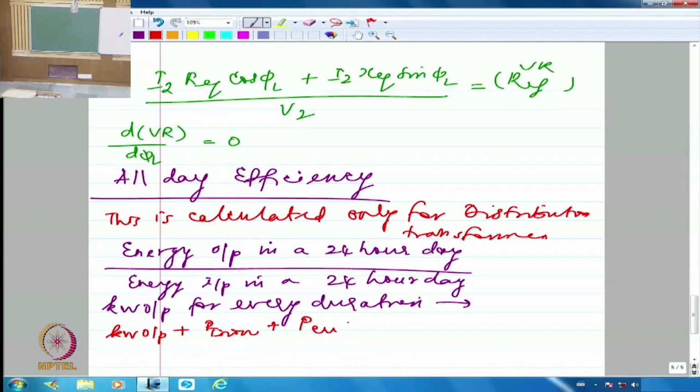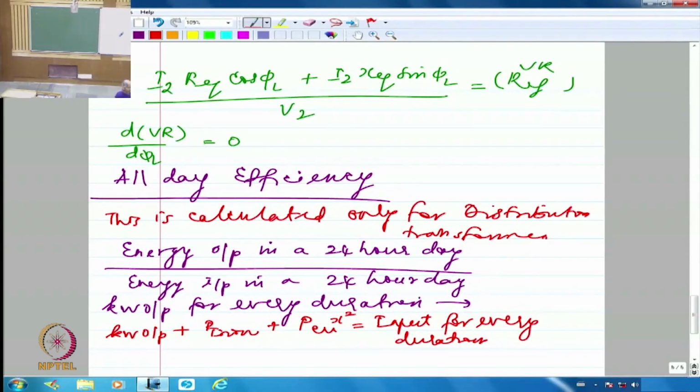That also you have to calculate for every duration. So this will give you the input for every duration. Very clearly, the copper loss has to be multiplied by x square if x is the fraction of the load.